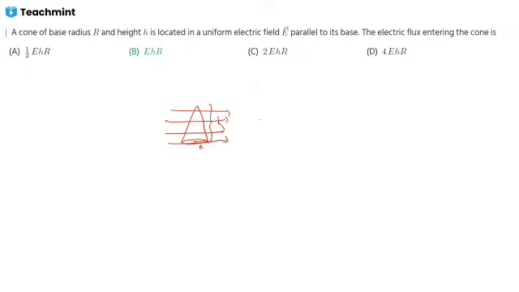Now the electric flux they are asking. Electric flux formula E dS cos theta, no? Right? So now flux phi is equal to E into what is the area? Height into base radius. So into cos 0 degree. So flux phi is equal to E into H into R. Very simple question, children. So let us move to the next one.